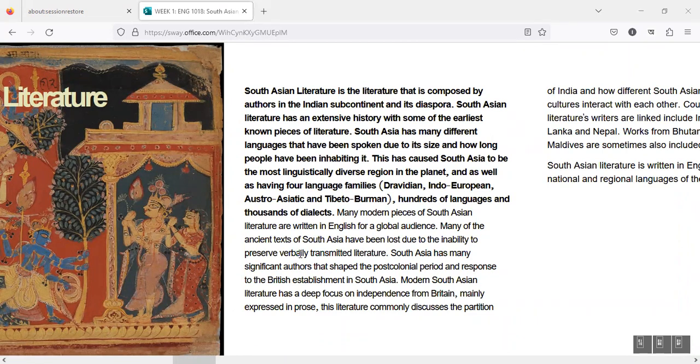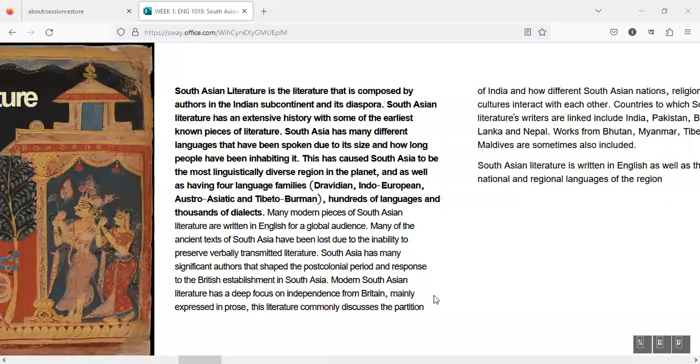Many of the ancient texts of South Asia have been lost due to the inability to preserve verbally transmitted literature. South Asia has many significant authors that shaped the post-colonial period and the response to the British establishment in South Asia. Modern South Asian literature has a deep focus on independence from Britain, mainly expressed in prose.